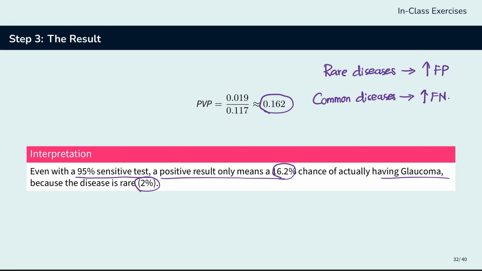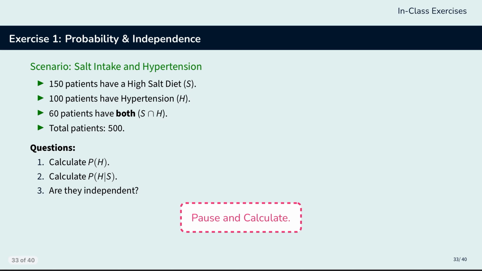So there are chances that you might end up having more false negative cases. So in simpler words, for rare diseases, where the prevalence is very low, the predictive value positive is going to be low. Okay. So which brings us to the next problem.